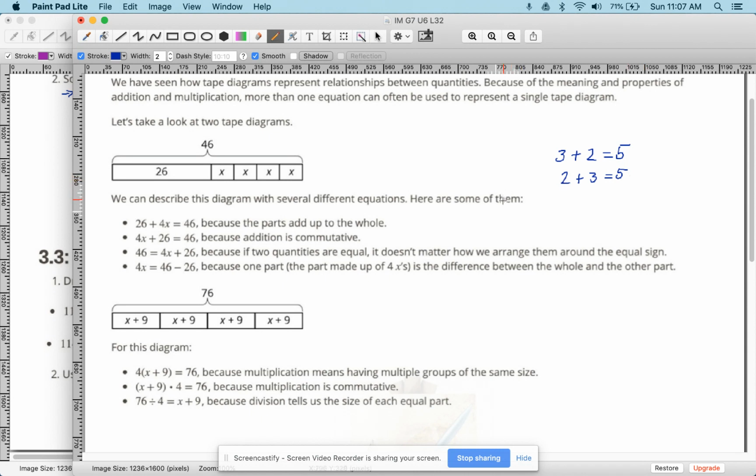You could also put the whole on the other side and do 46 equals 4x plus 26. And then they're showing you that you could start by showing some of the steps of solving the equation to show that it is also equivalent that way.